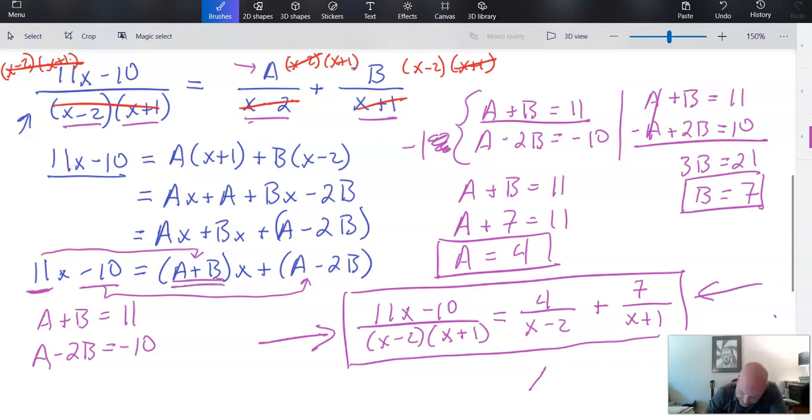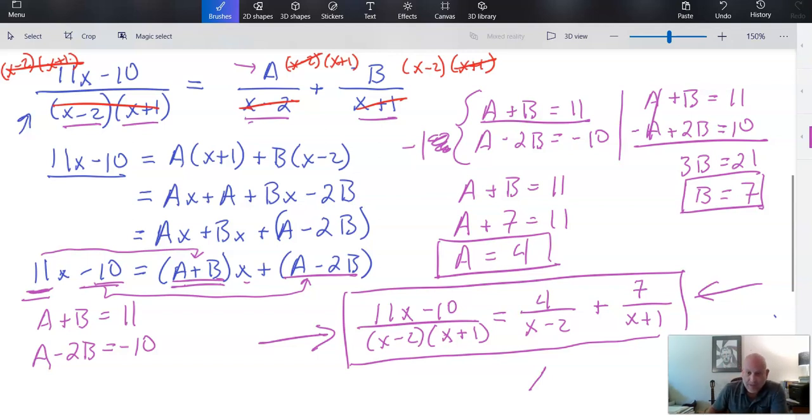So anything that's being multiplied by x has to be equal to the coefficient of x. Any constants have to be equal to the constant in the equation. And then from there, it's just a matter of solving the system of equations. And you can solve that in a number of ways. In fact, I might take some liberties and use more than one method as we go through, just so you can see things.